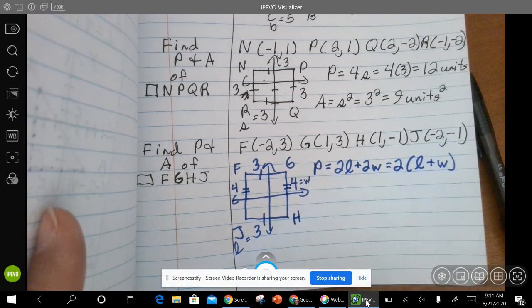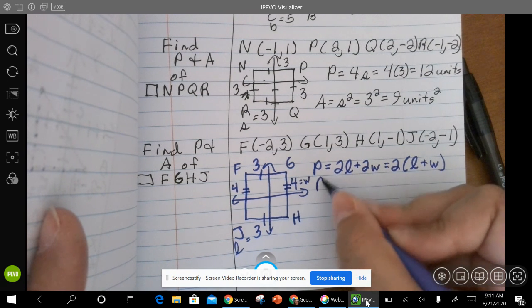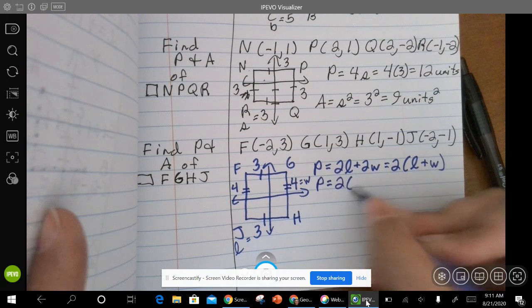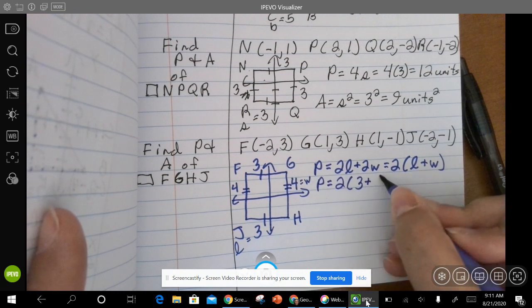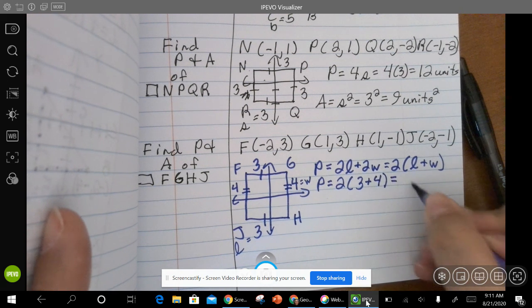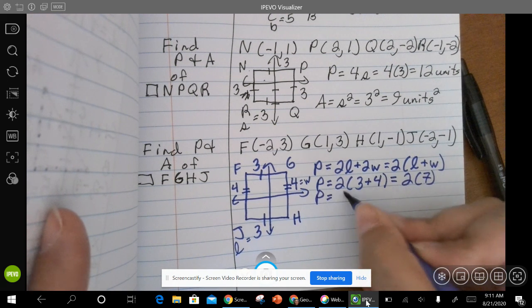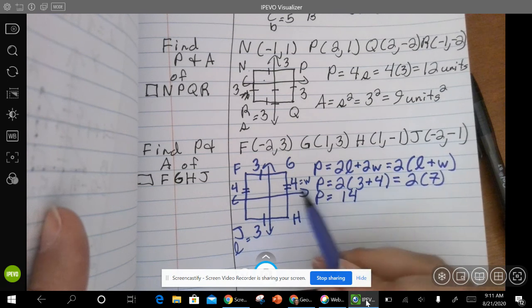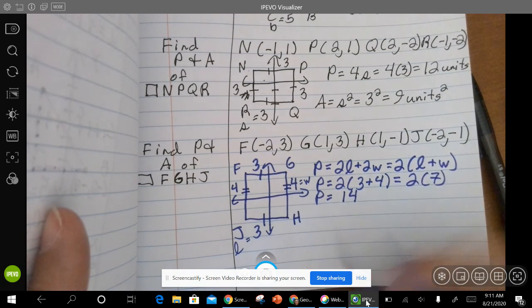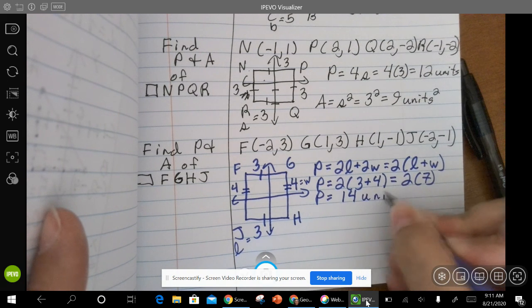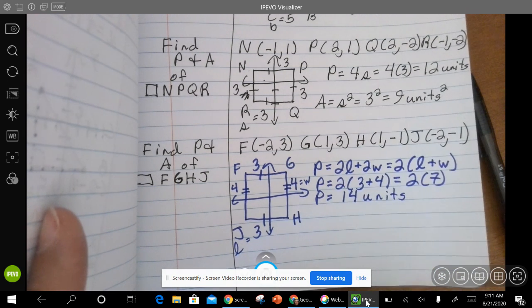Our width is going to be 4. So we're going to substitute those in. So 3 plus 4 is 7. 2 times 7 is 14. We could also do it by adding all the sides up, that would work as well. So 14 units is our perimeter.